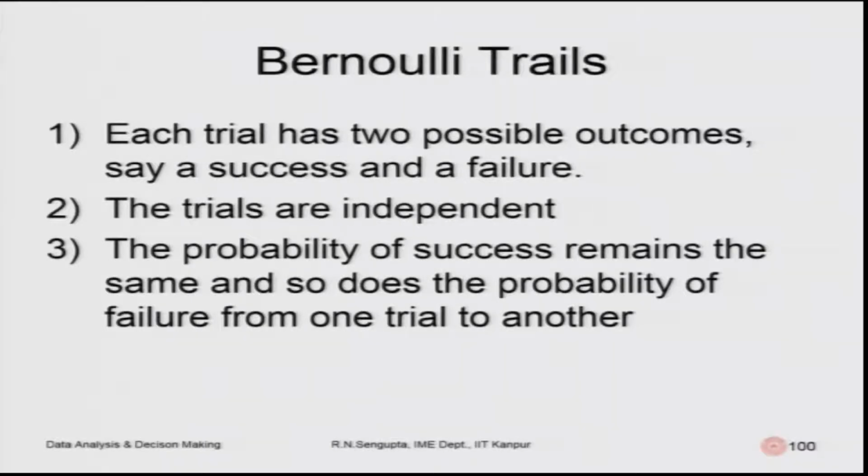These trials are independent. That means, when we do the experiment, the outcome of the head, or the yes, or the red, or the white, whatever it is, does not affect the complementary event: for the yes it is a no, for a head it is a tail, for a white it is a black, and vice versa also.